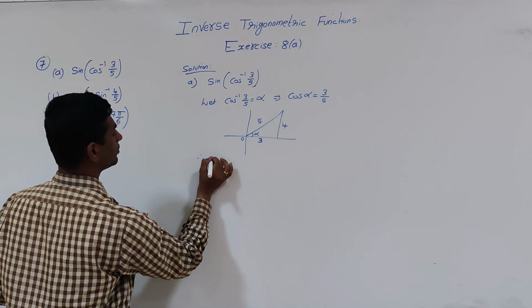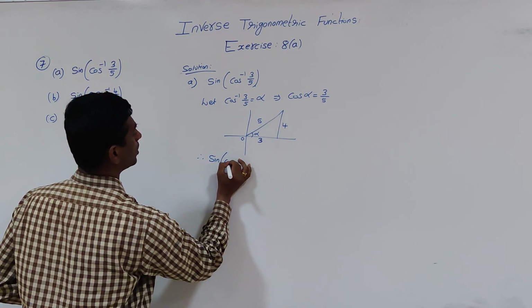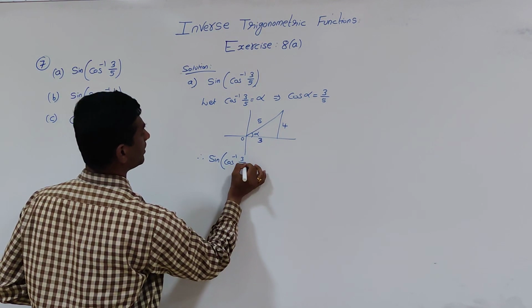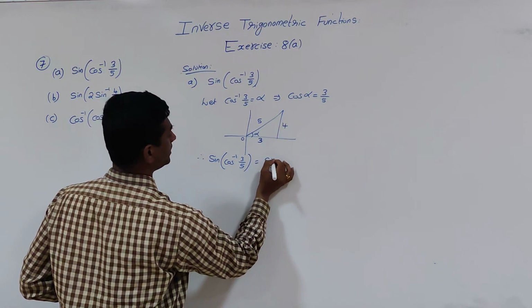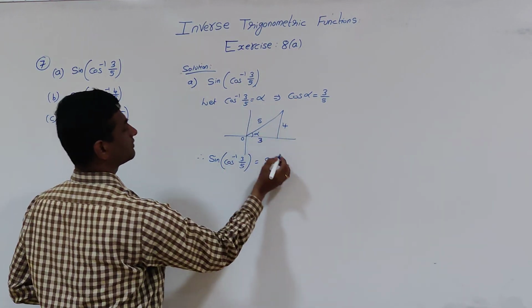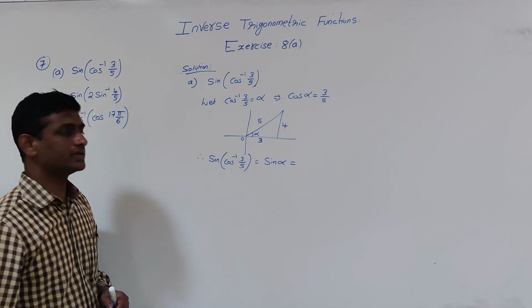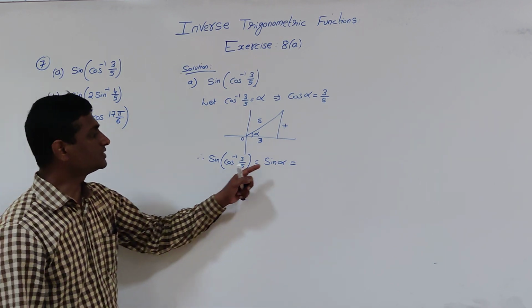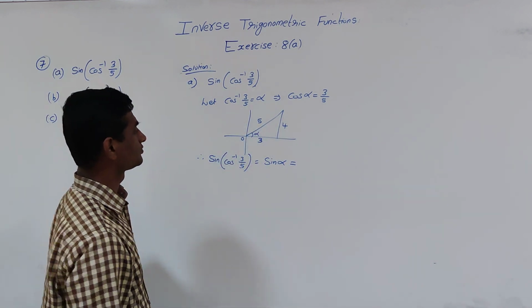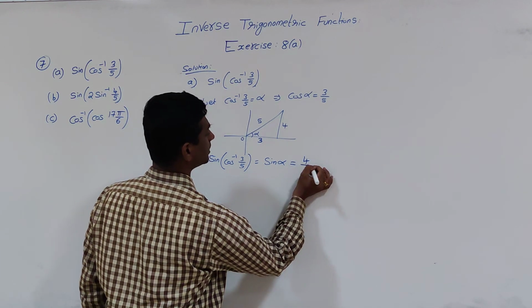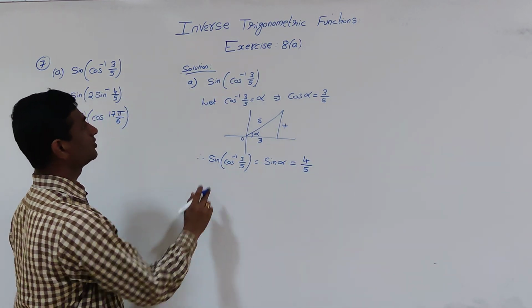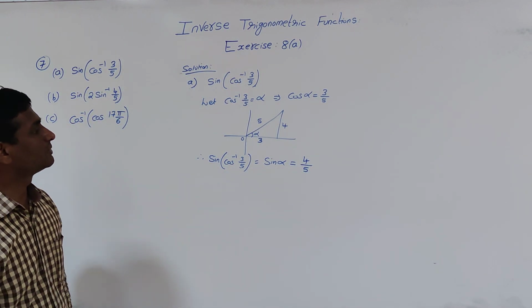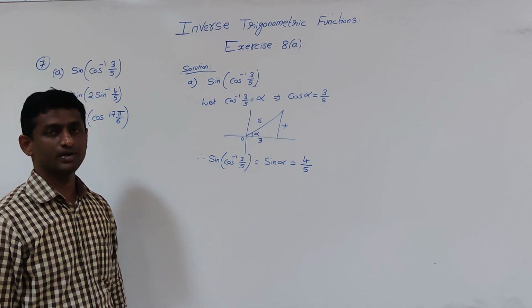So sin of cos inverse of 3 by 5 is sin alpha. Then what is sin alpha from the triangle? It is opposite side by hypotenuse. Therefore sin of cos inverse of 3 by 5 will be 4 by 5.